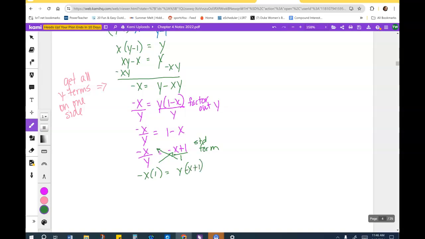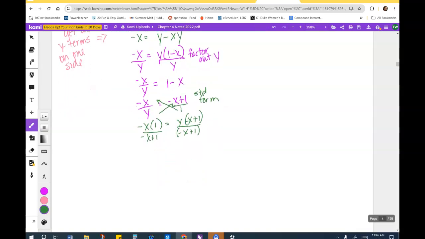The reason I'm doing that is I'm getting the y in the numerator, and now I'm going to divide both sides by negative x plus 1. And that gets the y by itself. Okay, now the y is isolated, and we've got the x in standard form, but we want to factor out the leading negative.